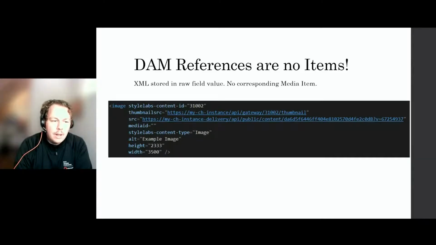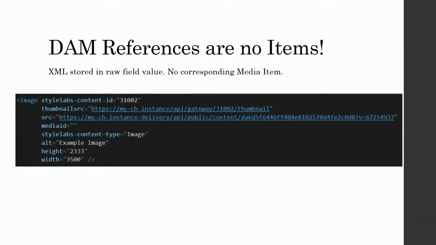So anyone who's been around long enough to know the media library, every asset has one item, is basically attached to an item. So an image field has a link to this item, and we can track usage through the link database. This is not the case with references to Sitecore DAM.